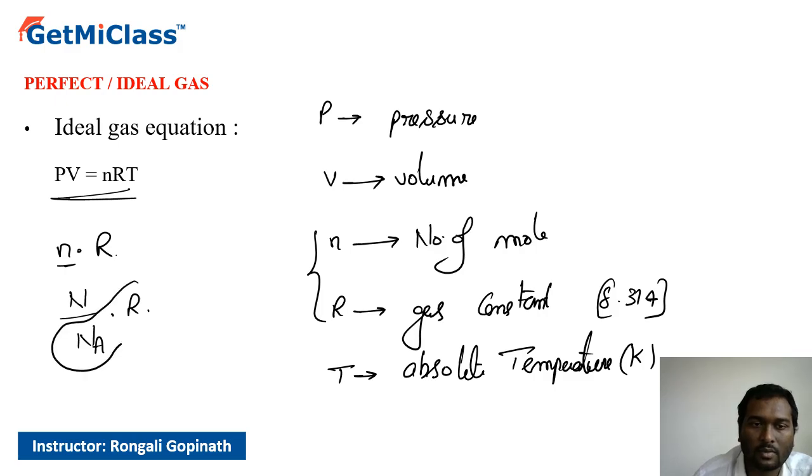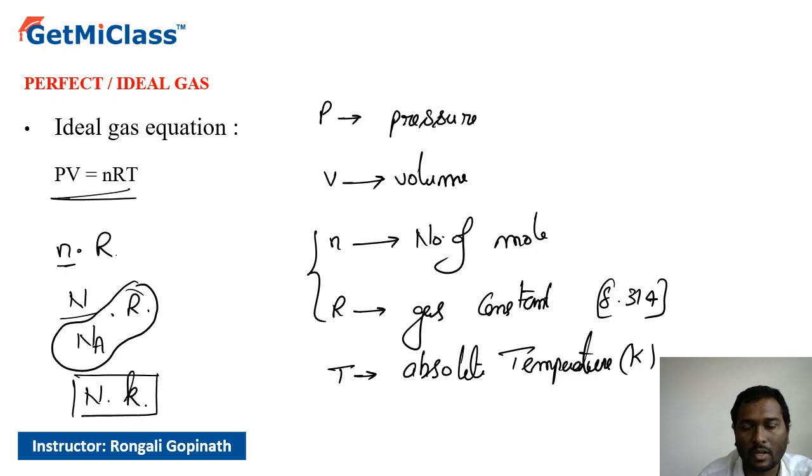This particular value, that is gas constant by Avogadro number, can be represented with a new constant called the Boltzmann constant, that is N into k.